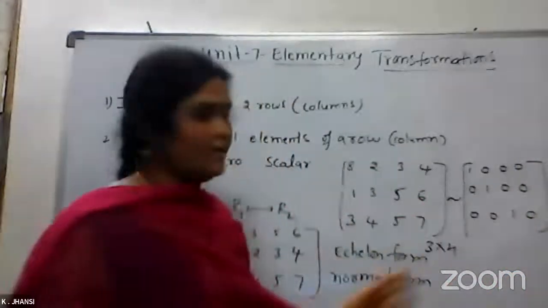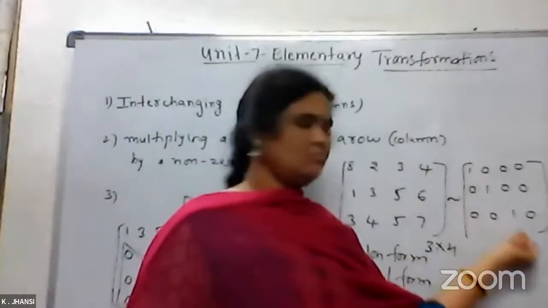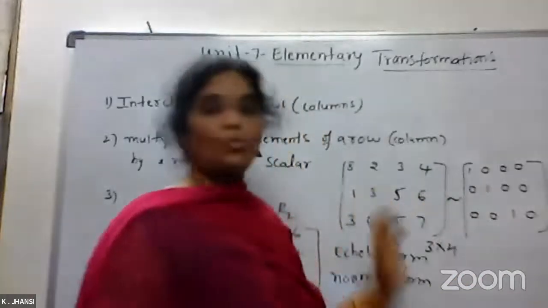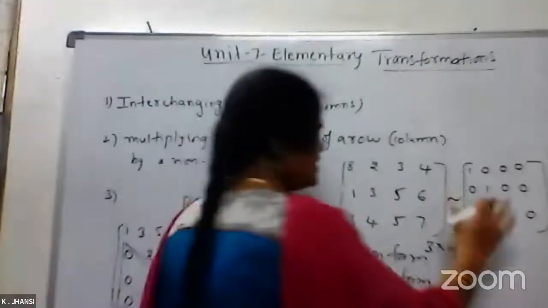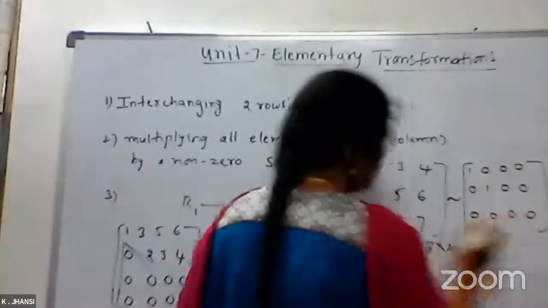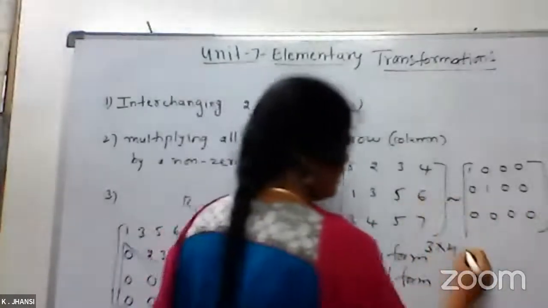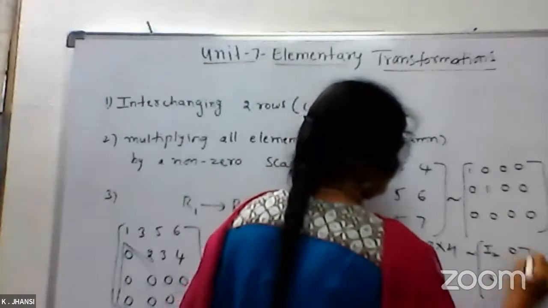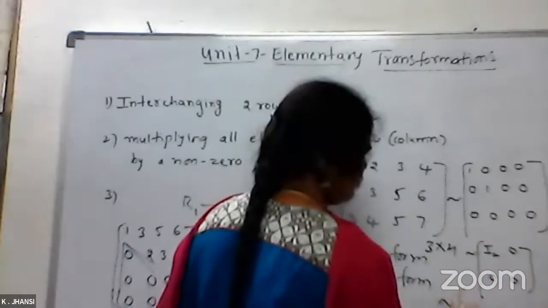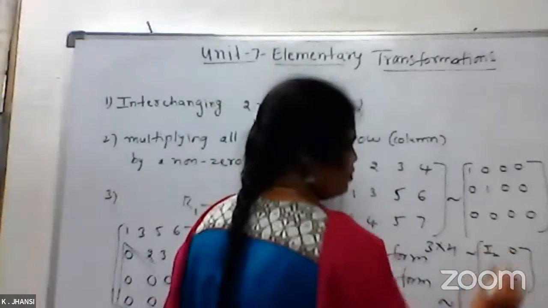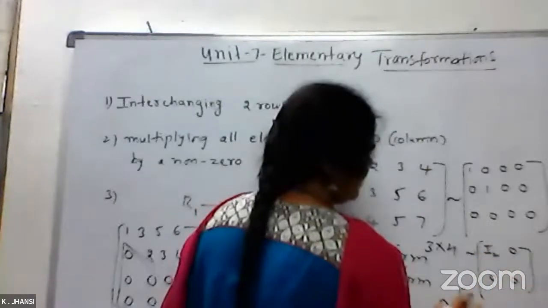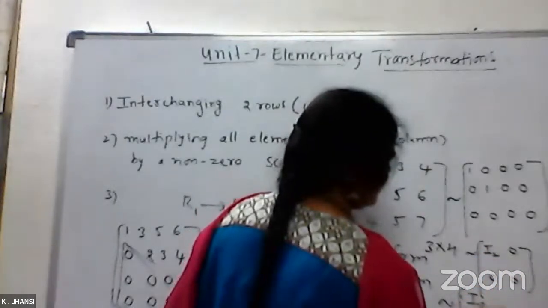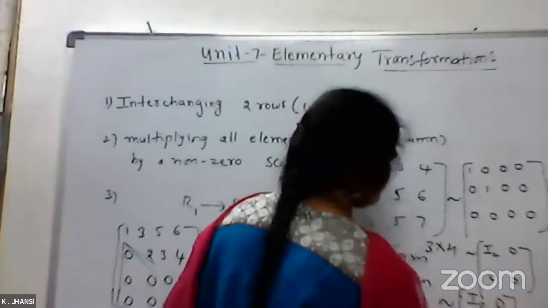The matrix may be either a 3 by 3 identity matrix or a 2 by 2 identity matrix. That means you may convert it as I2 0 0 0, which is the identity matrix of 2 by 2, or it may be I3 0 0 0.